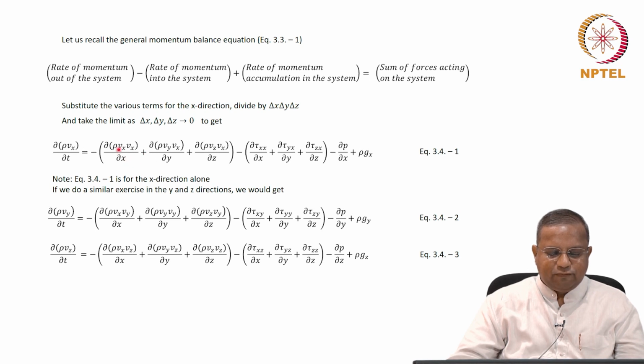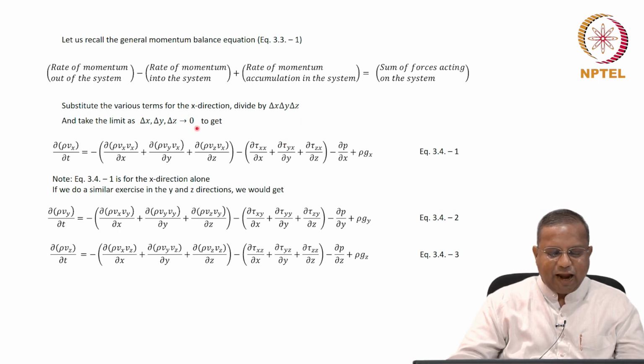See here, you have ρVxVx, ρVyVx, ρVzVx, ρVxVy, ρVyVy, ρVzVy, ρVxVz, ρVyVz, ρVzVz. Therefore, there are 9 terms here. Similarly, there are τxx, τyx, τzx, and so on, 9 terms here.